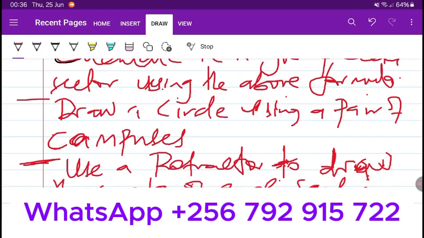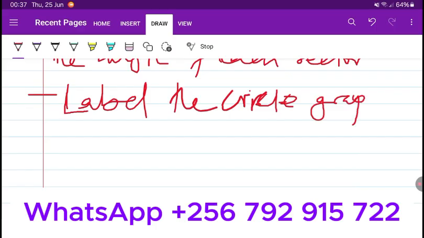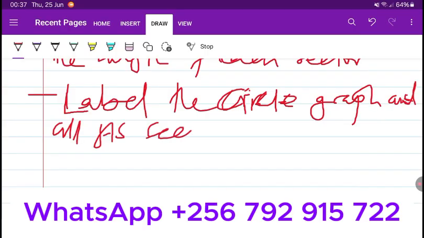And finally, we label the circle graph and all its sectors.